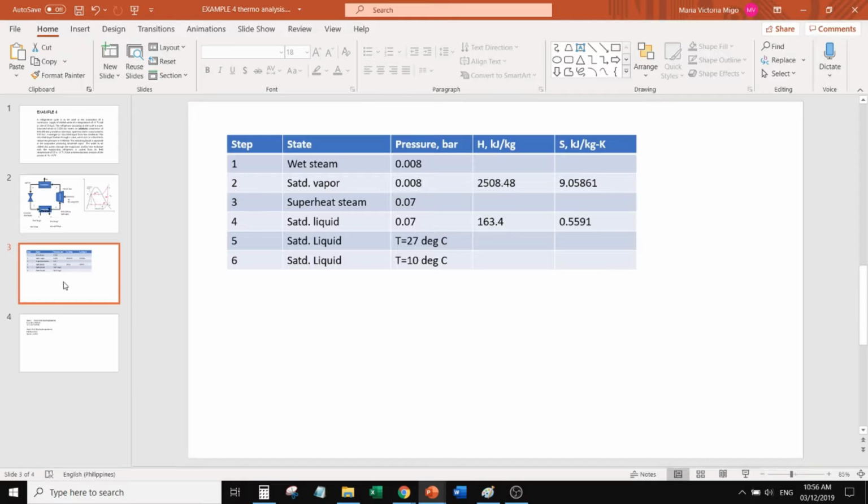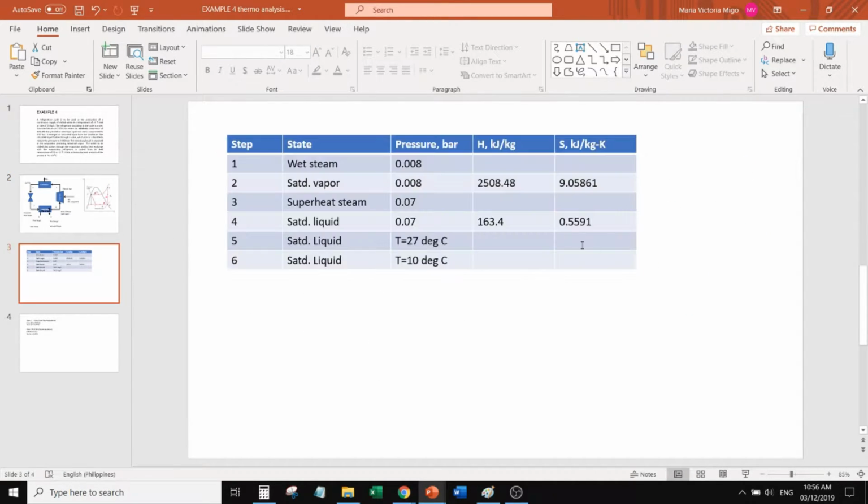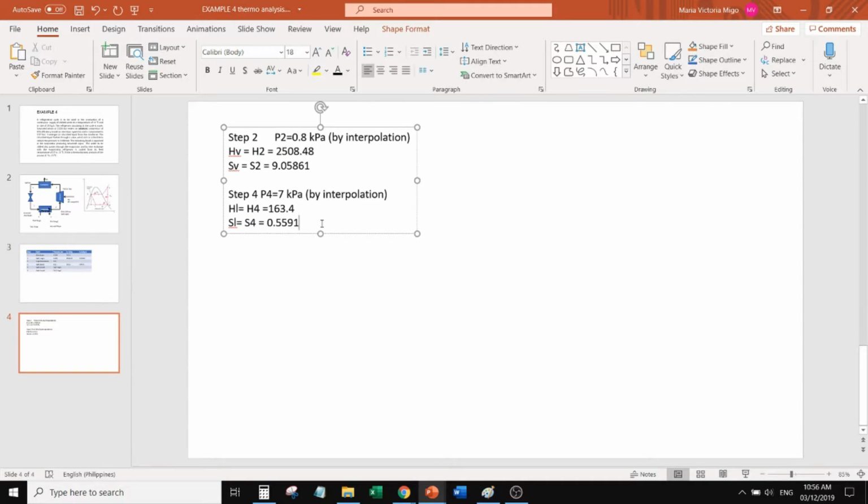Let's now try point 1 or stage 1. Since this is a throttle valve, that means that H1 is equal to H4. So we can copy that. What's the pressure?